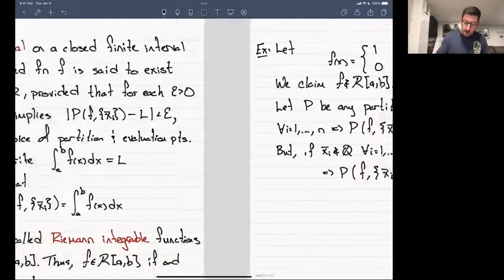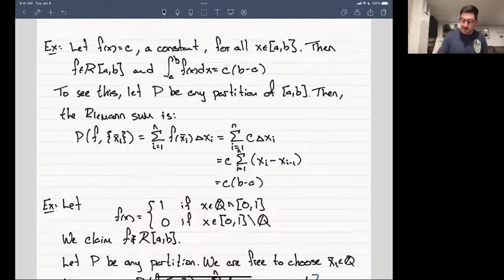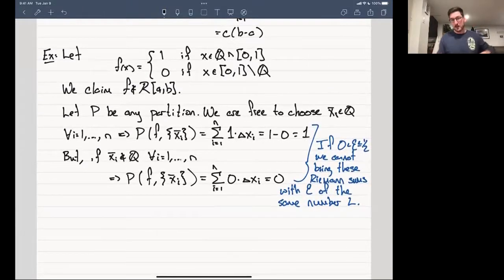We saw that in the previous definition. This definition is independent of your choice of evaluation points. Doesn't matter what you choose, but here we can see that it really does matter. So in fact, we found a function that is not Riemann integrable.